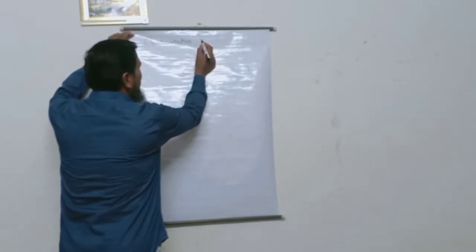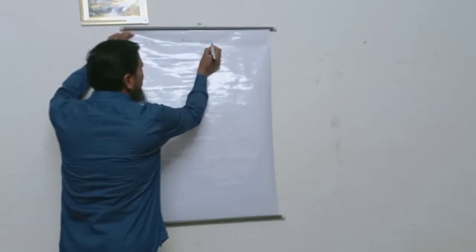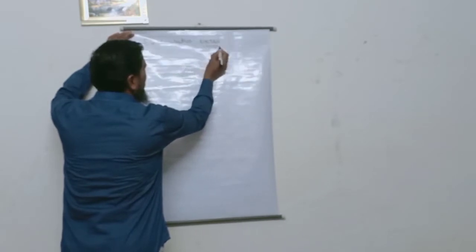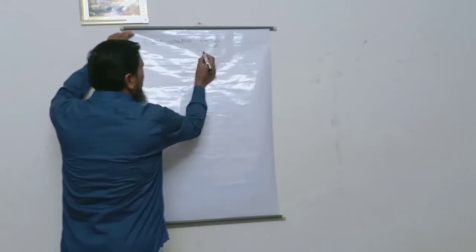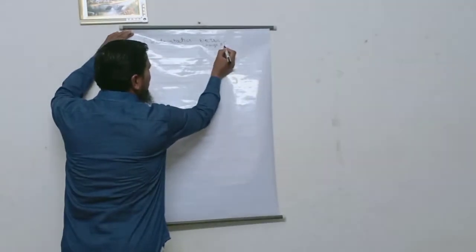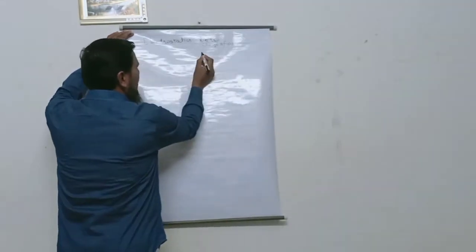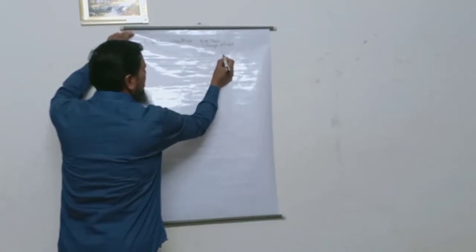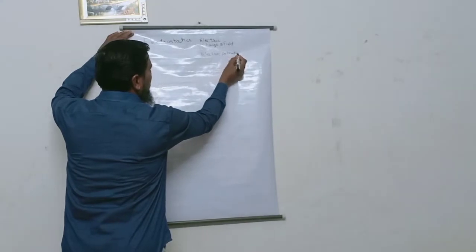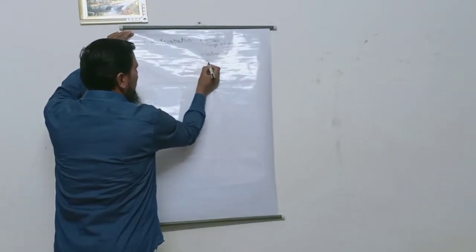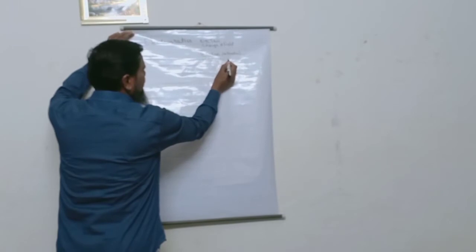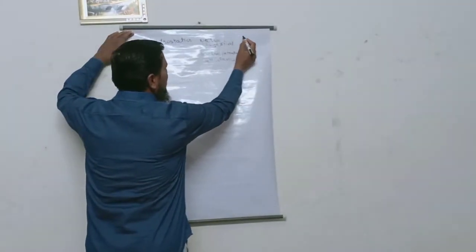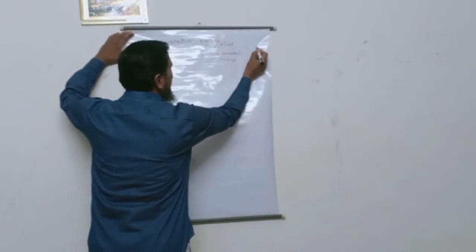Number one, electric charge and fields, and electric potential and capacitance. This is unit number 1 and it carries 8 marks.